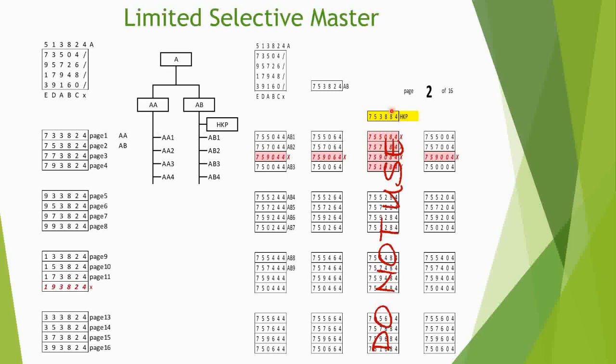Right here in the 5th position, HKP has an 8 and the page master has a 2. This is called a limited selective master key. It only works on the page. Next, we'll see another use for selective master keys.